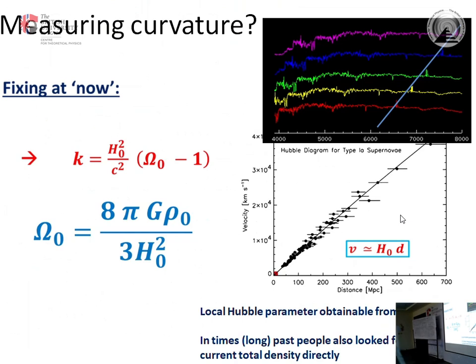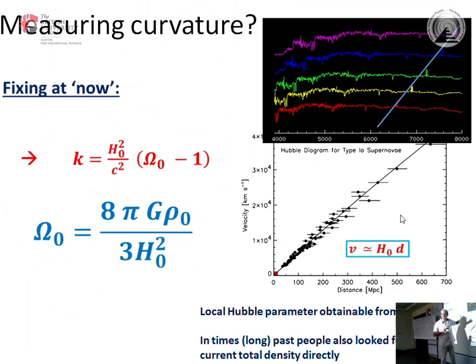Let's say the galaxies are redshifting away, so I measure the change in the wavelength of the light. So you have this.